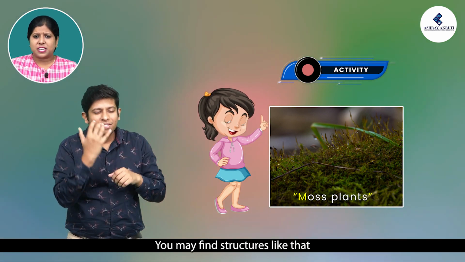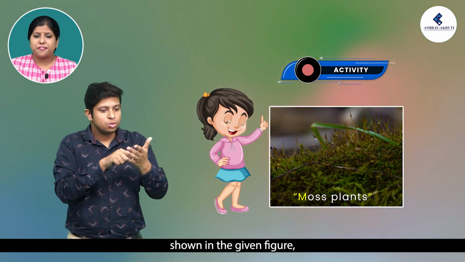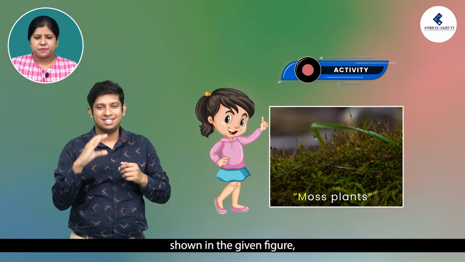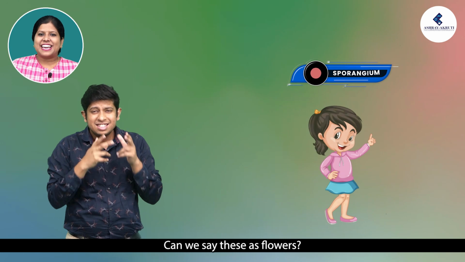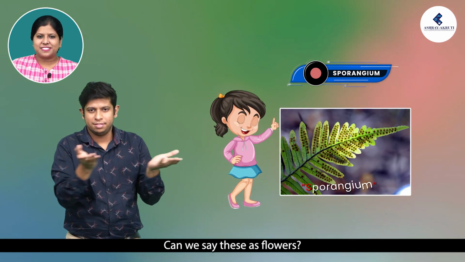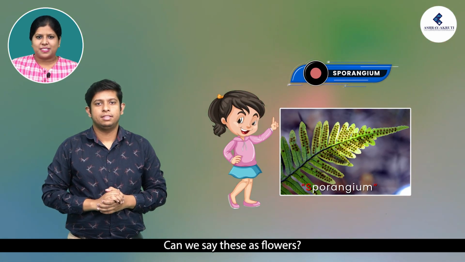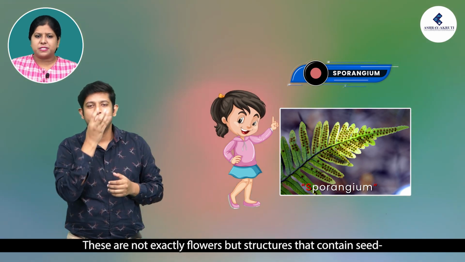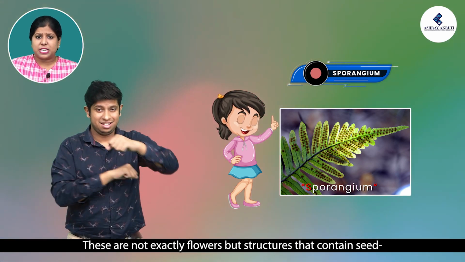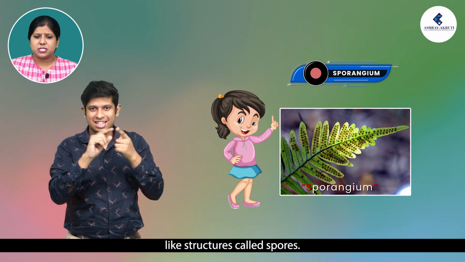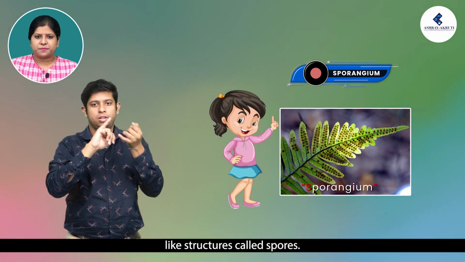You may find structures like that shown in the given figure. Can we say these are flowers? These are not exactly flowers, but structures that contain seed-like structures called spores.